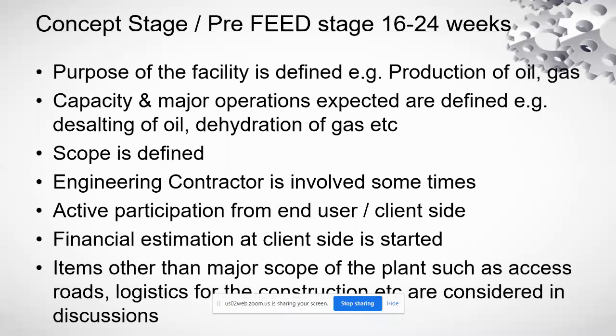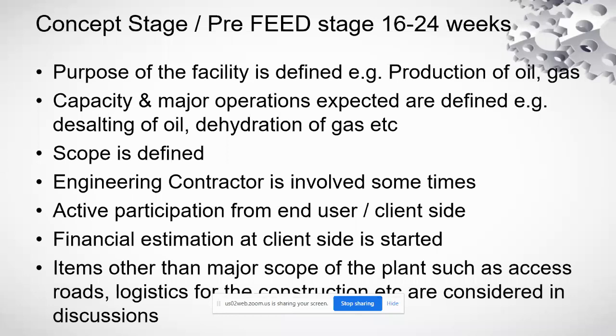This site will involve utilities, storage, and transportation modes like pipelines and other things. In the concept stage, most of it the operating companies do at their end, or they try to involve an engineering contractor to support them in this.